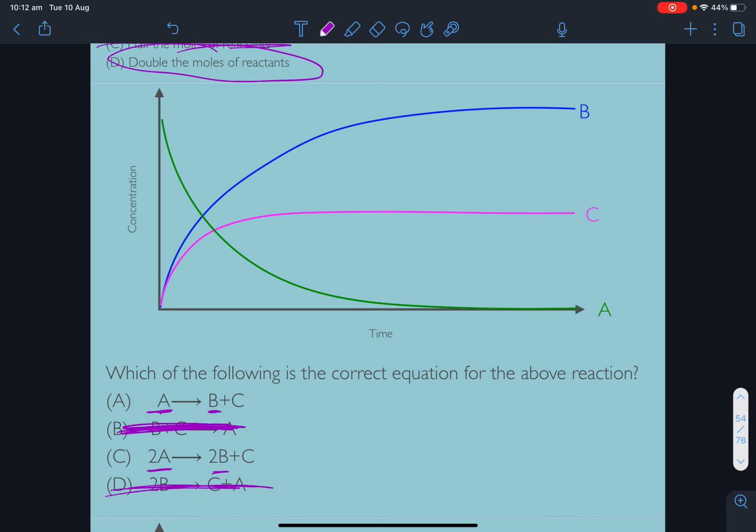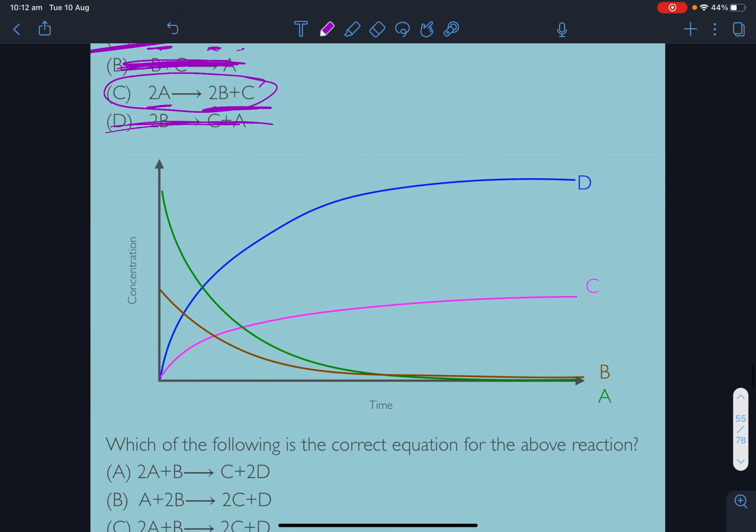Now, B versus C. There's only half the amount of C that's been produced, so there must be a 1-to-2 ratio between them, just like in C here. So there's not a 1-to-1 between B and C. B and C haven't ended at the same point, so it's not A. So it must be C there.